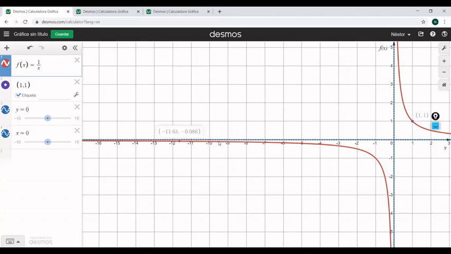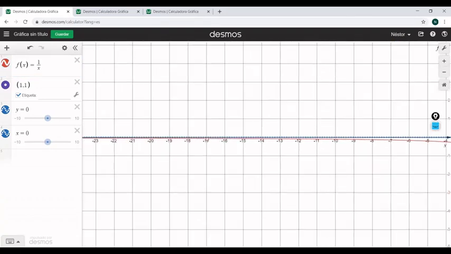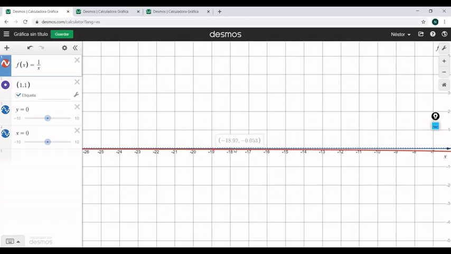The values of the function approach 0 also. Right now, x is minus 11, and f of x is minus 0.09. Those values of f of x get closer and closer to 0 from the other direction, from the left side, from negative numbers, but it's approaching 0. So it's the same idea.